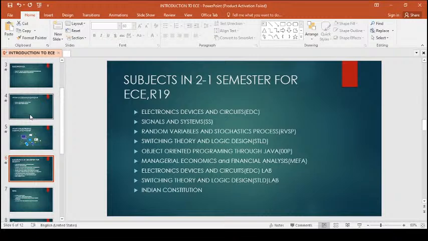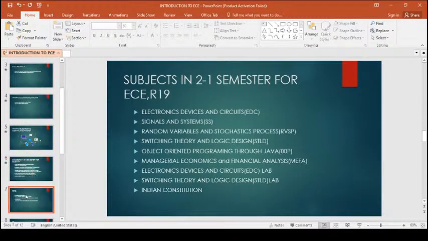The first subject is Electronic Devices and Circuits, and the second is Signals and Systems, then Random Variables and Stochastic Processes, Switching Theory and Logic Design, Object-Oriented Programming through Java, Managerial Economics and Financial Analysis (MEFA), and the EDC lab and STLD lab, and Indian Constitution. Everyone should know what the struggles were, how our Indian Constitution has been prepared, and how our country has been ruled with the help of the Indian Constitution.